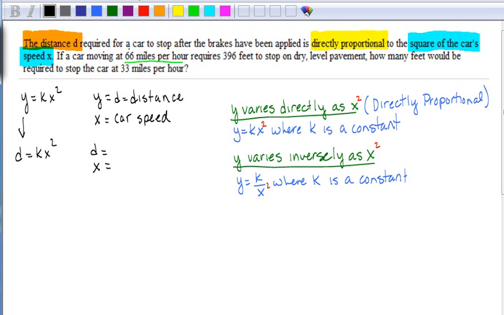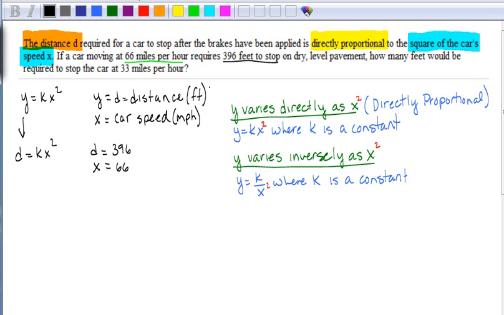So miles per hour represents a speed to me. So that's 66, and that tells me that the speed is going to always be in miles per hour through the whole problem. And the distance they give me is 396, and that is in feet, not even in miles. That's kind of weird, but that is the proportion.